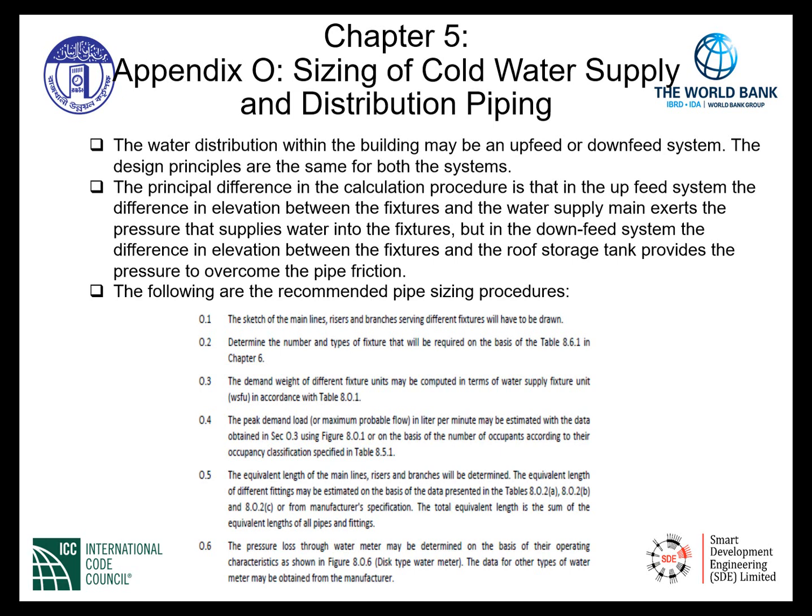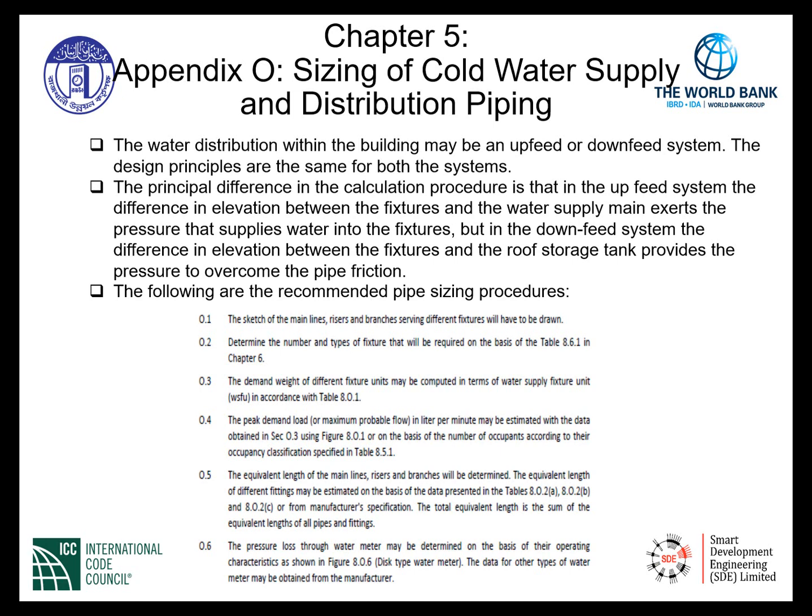8.5.1. In item 0.5, the equivalent length of the main lines, risers, and branches will be determined. The equivalent length of different fittings may be estimated on the basis of the data presented in the tables as follows.